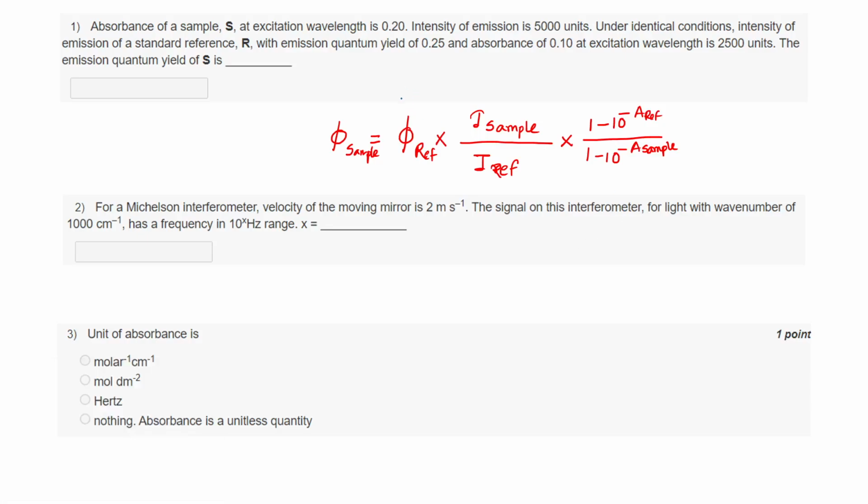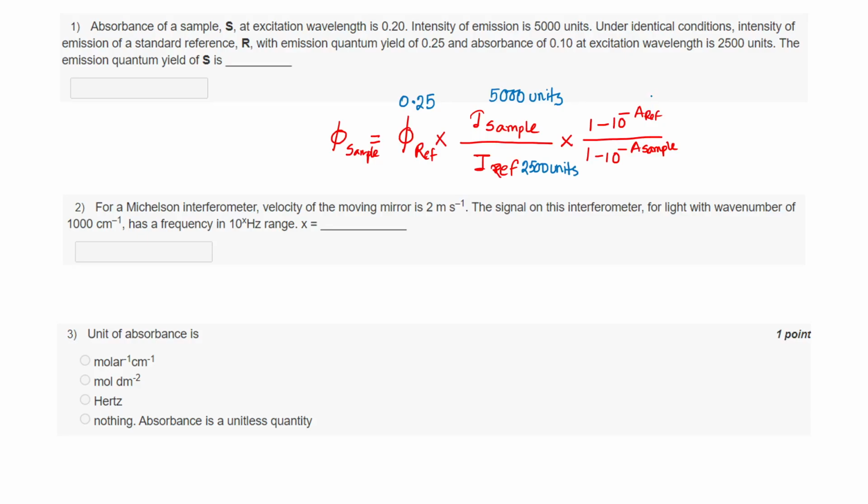So phi f is given, this is 0.25. The intensity of the sample is also given as 5000 units, and it is 2500 for the reference. But there is a difference in the absorbance value.